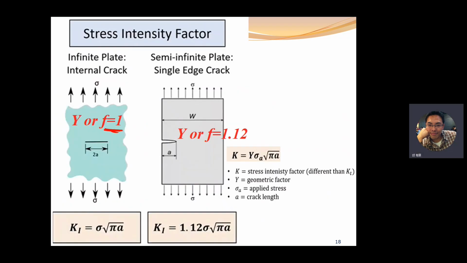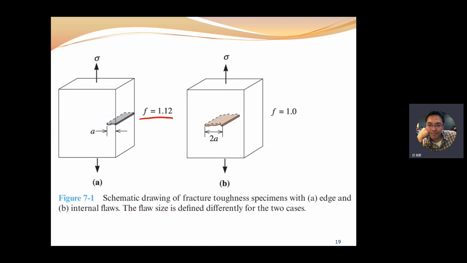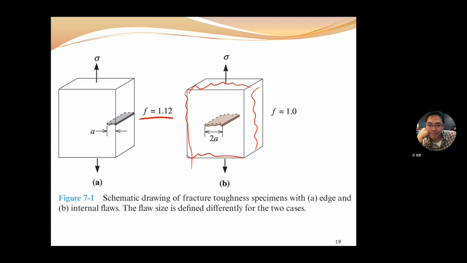The second case: if the sample is an infinite plate, meaning it is infinite in this direction, in this direction, and in this direction, and the crack is internal, the geometric factor is defined to be 1.